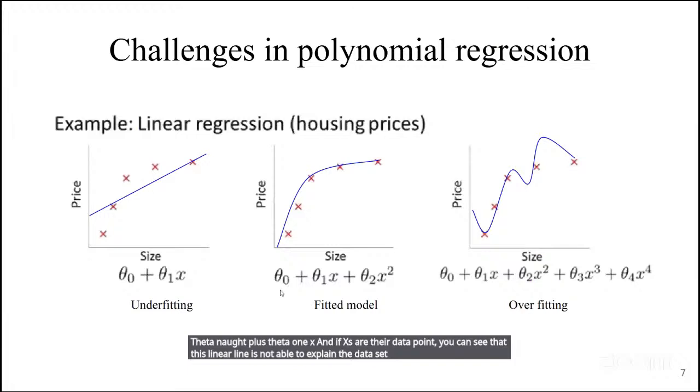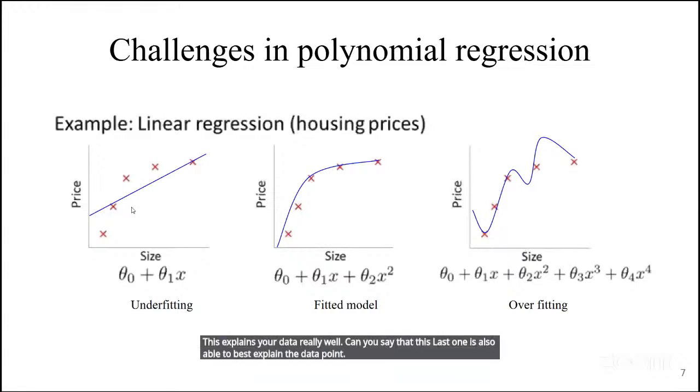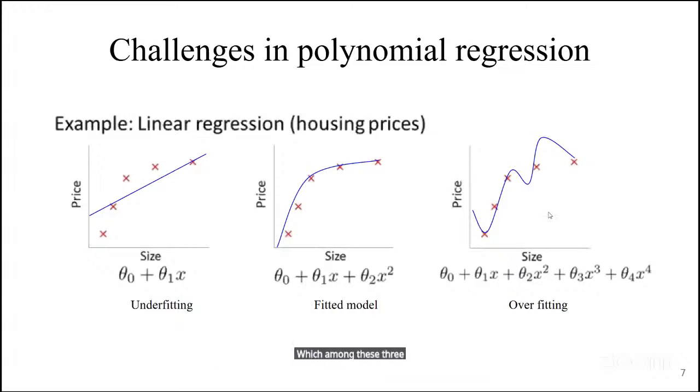And this one, theta naught plus theta 1 x plus theta 2 x square, explains your data really well, right? Can you say that this last one is also able to best explain the data points? Which among these three will you choose as the model that best explains your data set? Plot 1, plot 2, or plot 3? Can someone say which model best explains your data points?